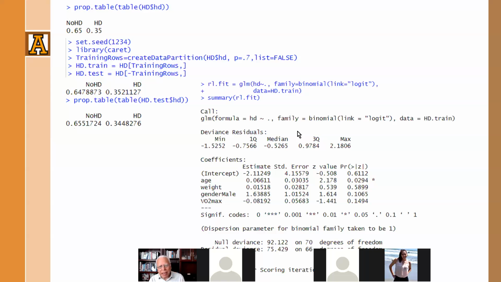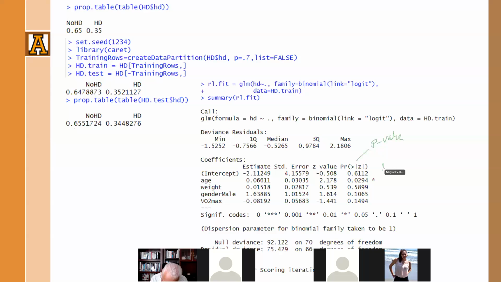And then I get these results. Deviance residuals, we'll talk about deviance in a few minutes. And then we have the estimates of the coefficients, their standard error, the z-value, okay? And this is the p-value. So this here is a p-value for which test?